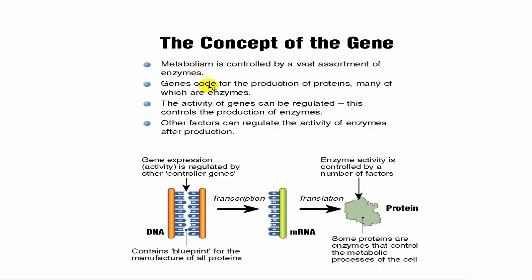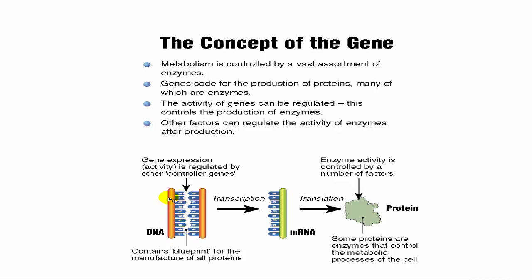Many of these enzymes are, of course, proteins, and that's what DNA codes for, is protein. These genes can be regulated, and again, that's controlled by other genes. The other factors can regulate the activity of enzymes after production. The big picture here is that you start off with a DNA code, a double helix, represented by the sequence of the bases.